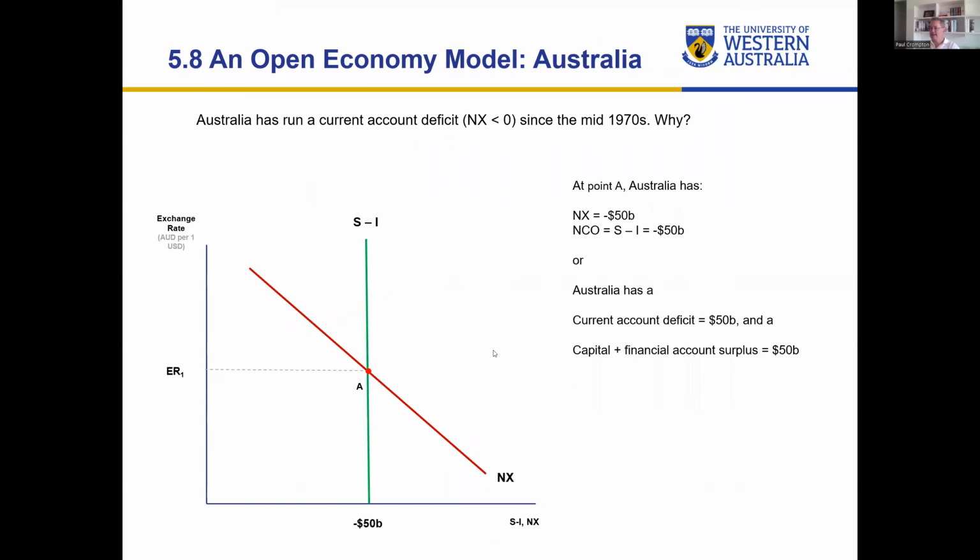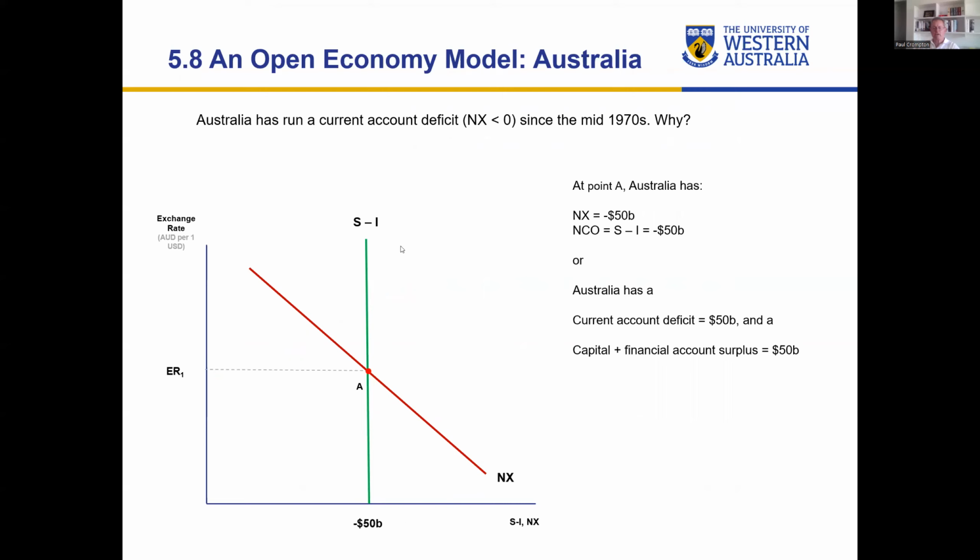The model helps us answer that question. The only way we can have a current account deficit of 54 billion, or a current account balance of minus 54 billion, is if we have the S minus I line positioned there at minus 50 billion as well.